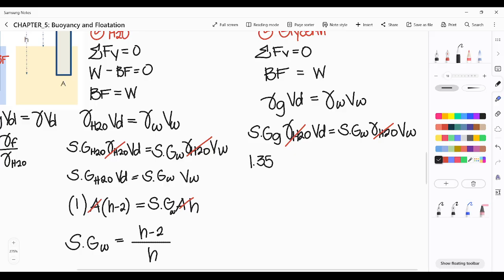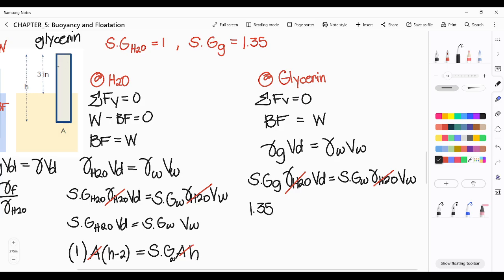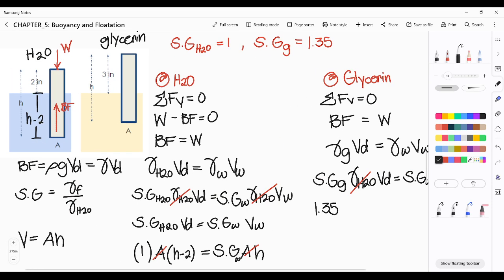1.35. Alright. And then from here, magkaiba na yung volume displaced natin kasi iba na yung height na na-project kapag nakalagay na yung wood natin sa glycerine. Kanina sa water, yung naka-project na height above the water surface is just 2 inches.